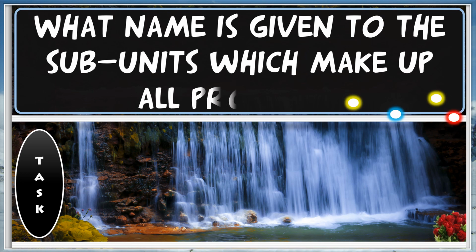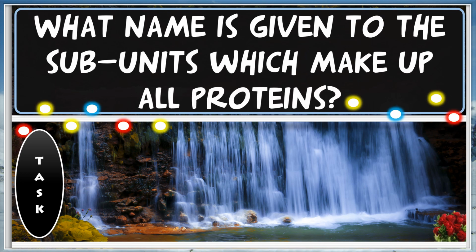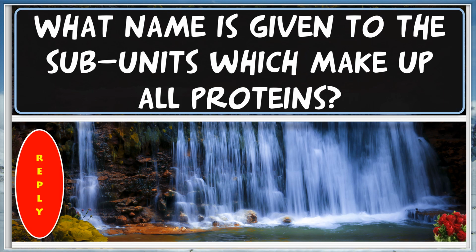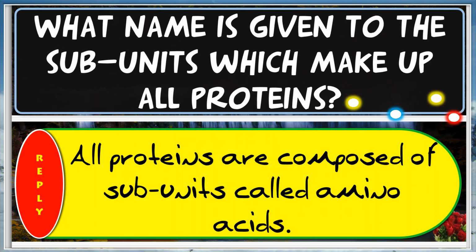What name is given to the subunits which make up all proteins? All proteins are composed of subunits called amino acids.